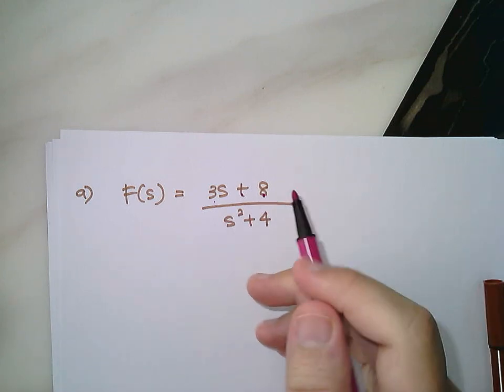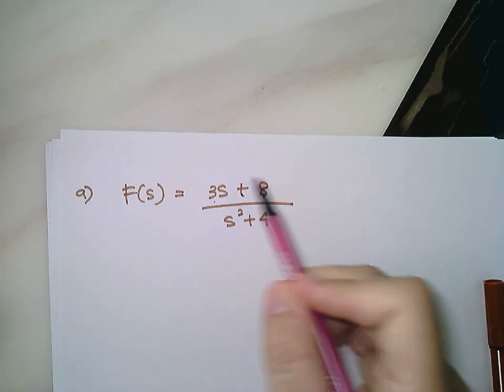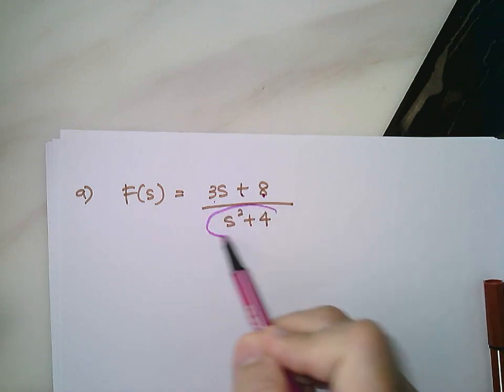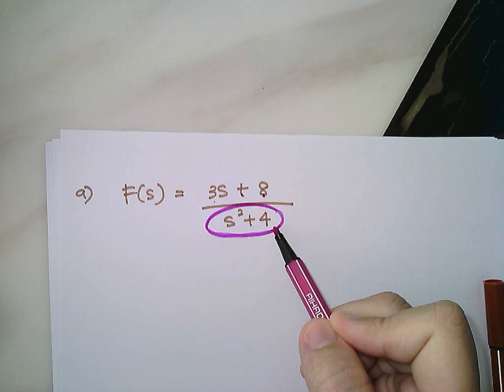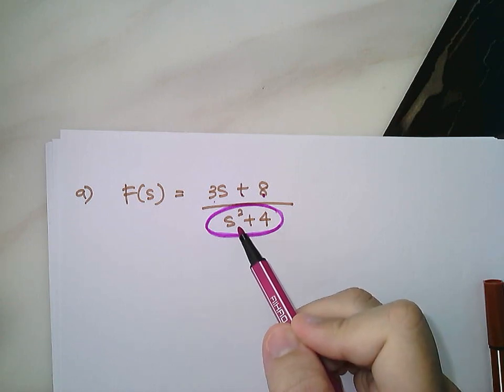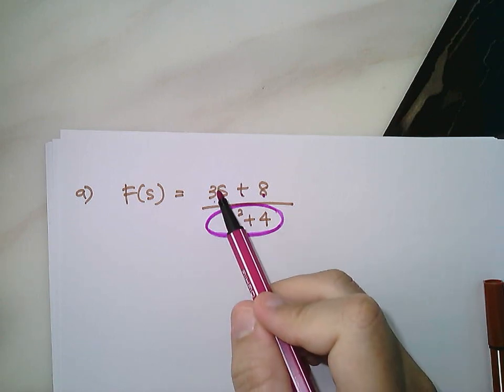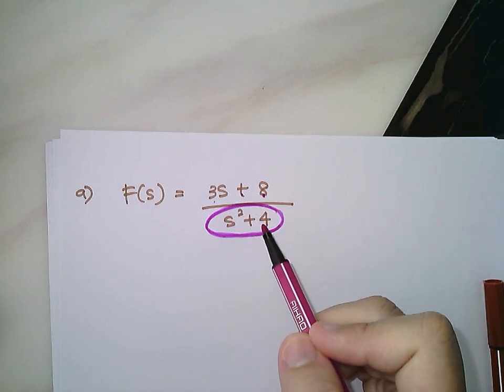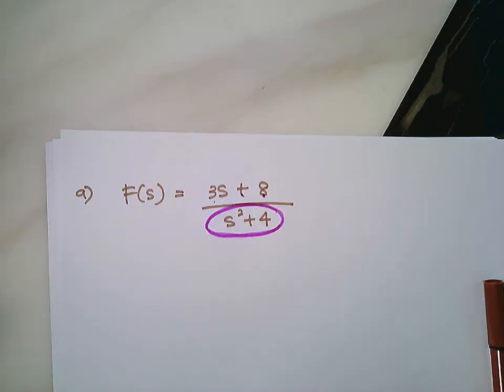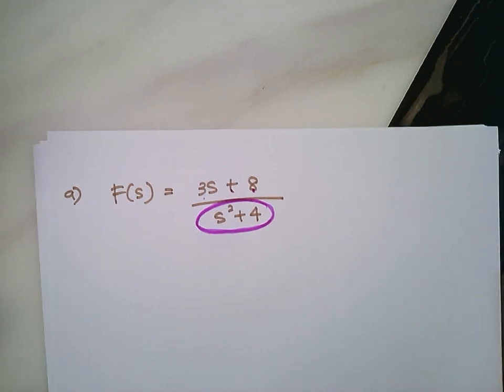Remember, when we split the function into two, the denominator remains as one term. You cannot split this as 3s over s squared plus 8 over 4. No, that is wrong.